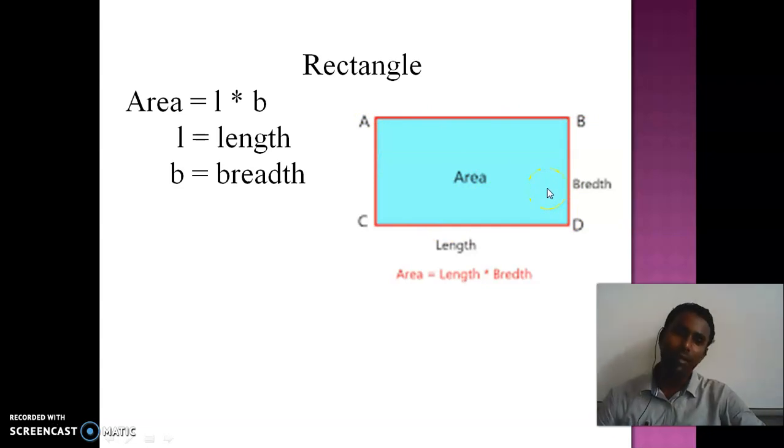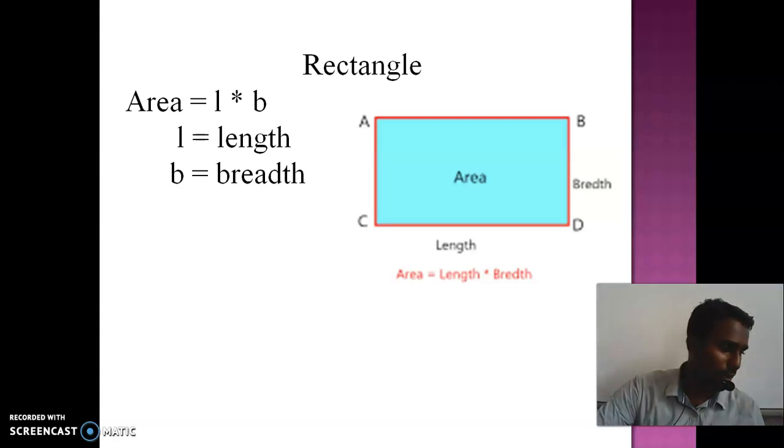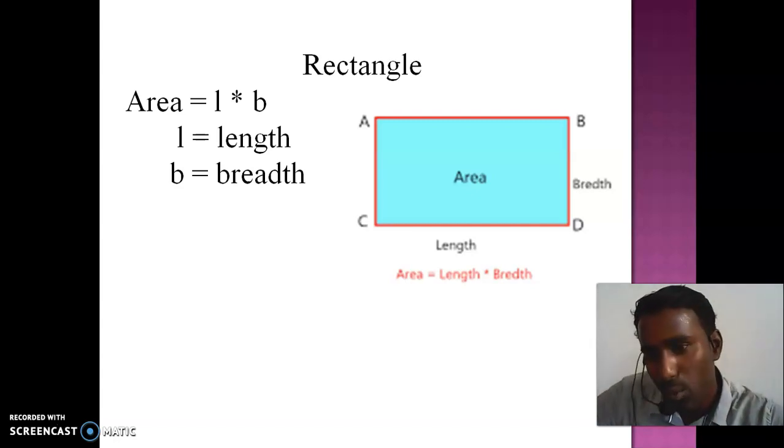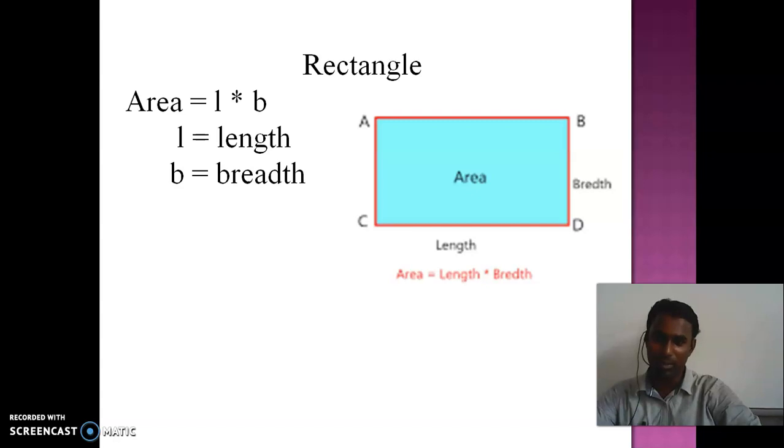And one more thing, in your higher class, if you ask what the difference between area and volume is: area means we are considering only a two-dimensional object. Two-dimensional means we consider only the flat surface.